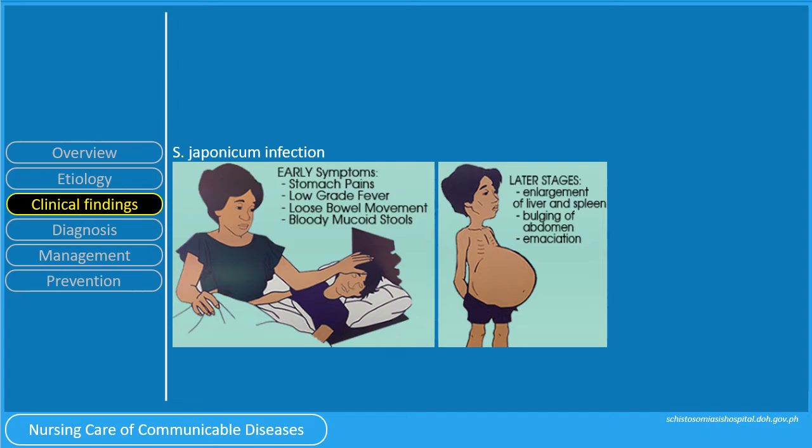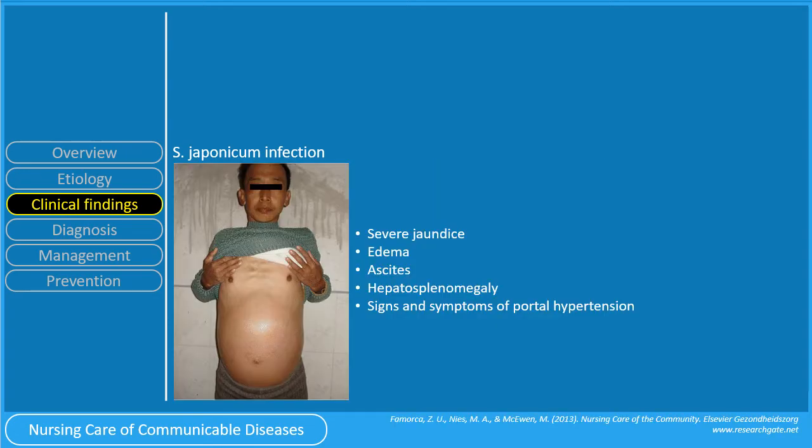Continuing infection may cause granulomatous reactions and fibrosis in the affected organs such as the liver and spleen, with associated signs and symptoms. These symptoms include severe jaundice, edema, ascites, hepatosplenomegaly, and signs and symptoms of portal hypertension.